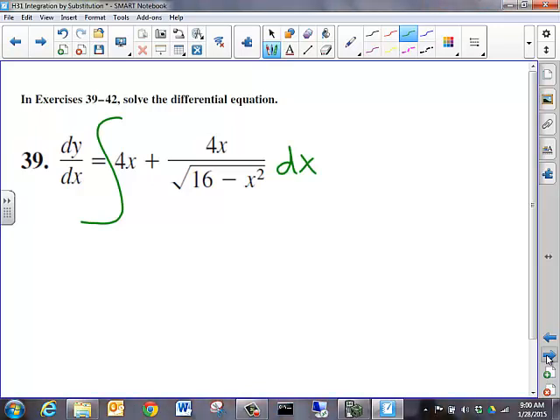So what Jerry did, Jerry just factored this out and said, I got 4x times 1 plus 16 minus x squared to the negative 1/2. And yes, you're right that you got that. So how are we going to integrate that?